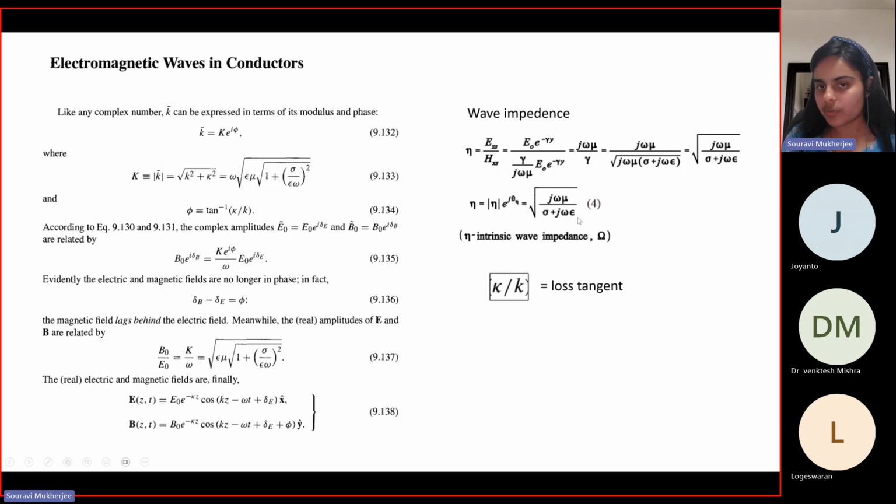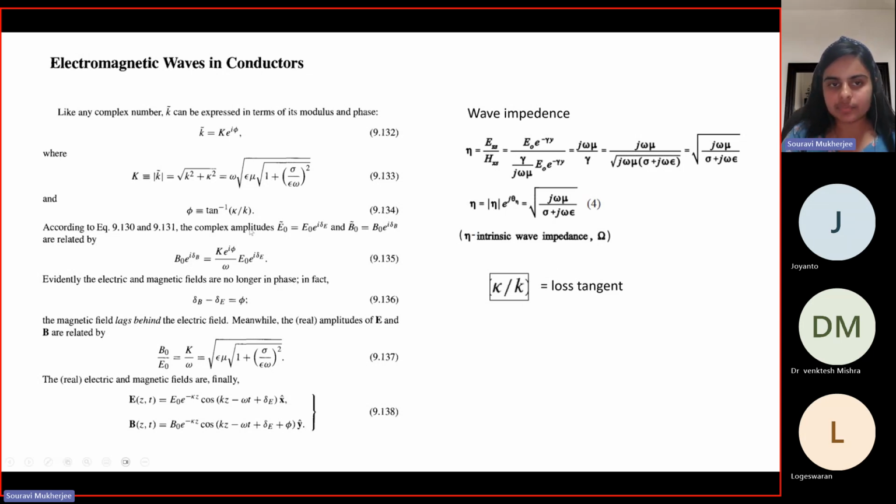In free space, the wave impedance will be root over mu naught by epsilon naught, which is a fixed value, and that value is something one should remember, around 377 ohm. So its unit is ohms. It's a kind of resistance that the wave feels as it propagates in the medium.